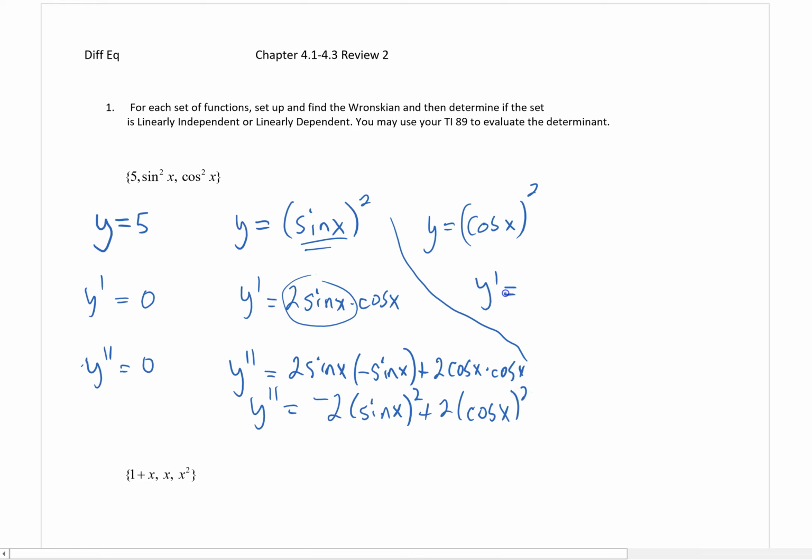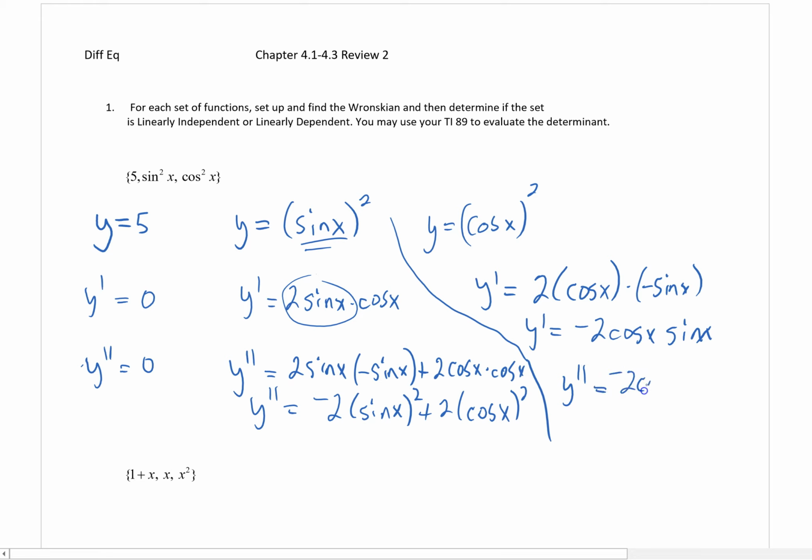Very similarly, when we come over here with y prime, we'll have 2 times the cosine of x, but then we have to multiply by the derivative of the inside, which is going to be negative sine of x. So our y prime here is really negative 2 cosine of x sine of x. But then, like our last problem, we're going to have to set up a product rule. We'll have our first negative 2 cosine of x.